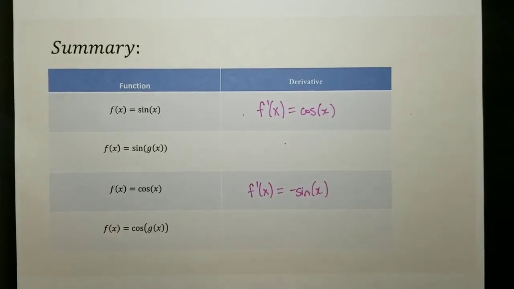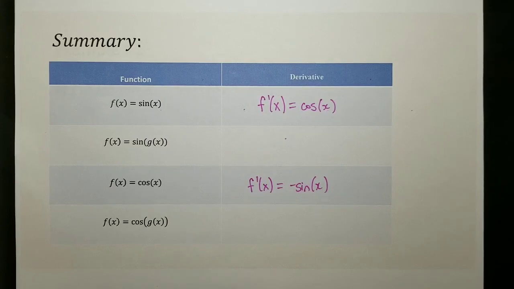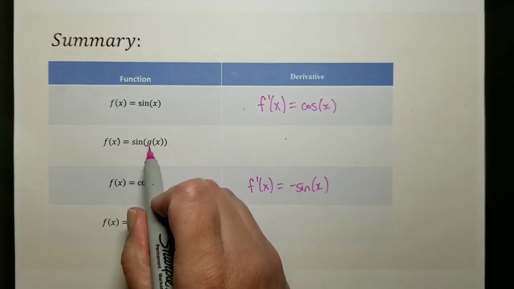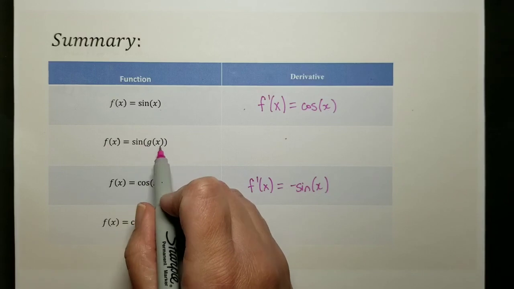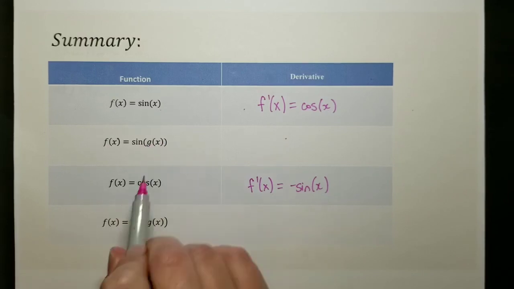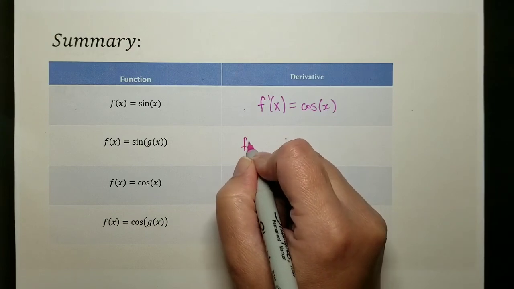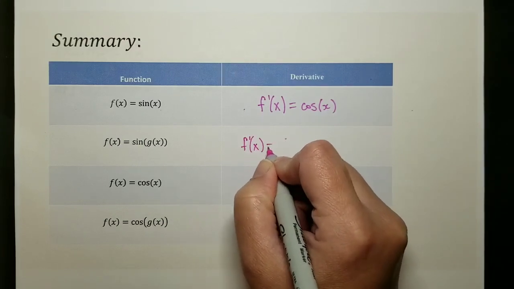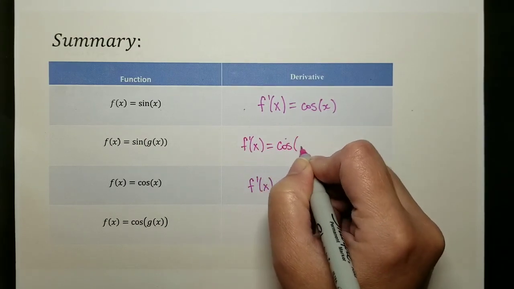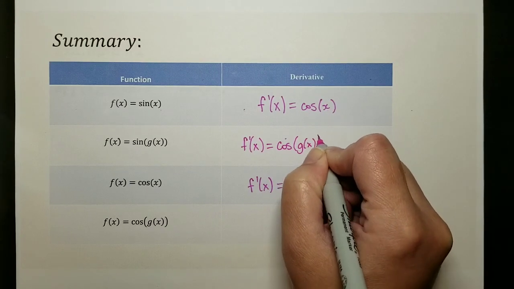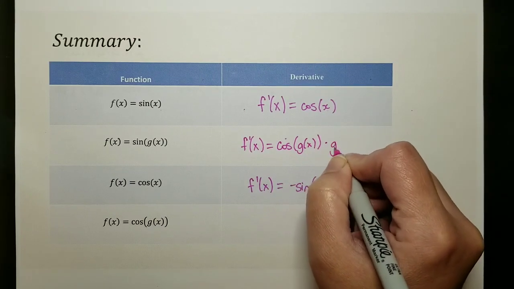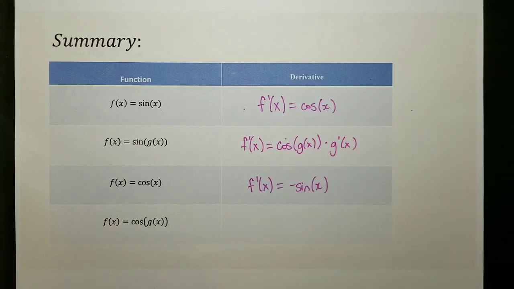Similar to what we saw in the previous lesson with the exponential and logarithmic functions, if we don't just have an x in there for our angle, if we had an x squared or a 5x cubed or something, so we had some function g at x, the derivative here would be cos of that same angle times the derivative of the angle.